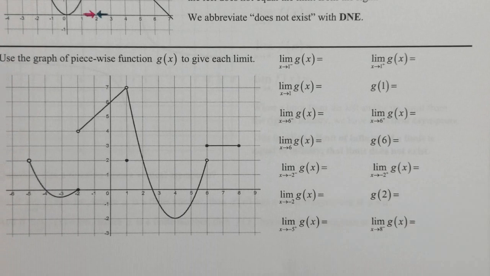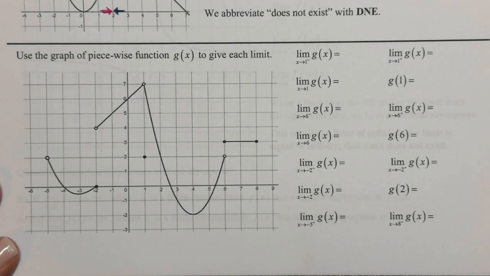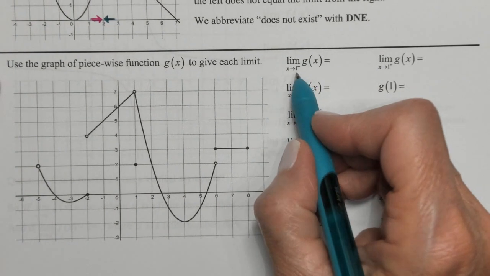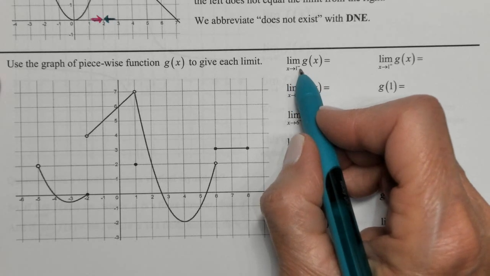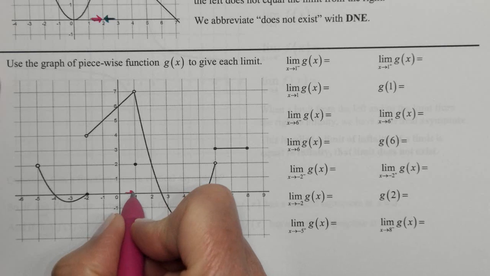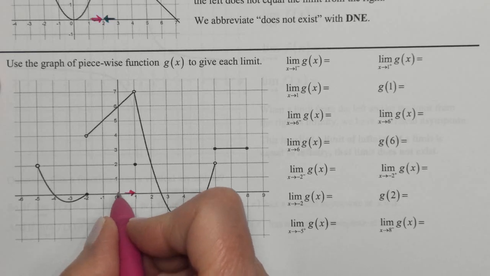So here is a nice graph of a piecewise function g. And let's use this graph to answer all of these questions over here. So first let's approach positive 1 from the left. What is g doing as x approaches positive 1 from the left?